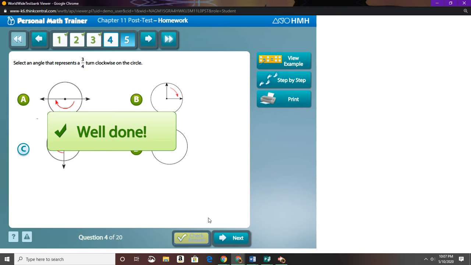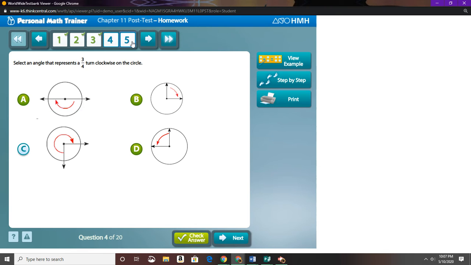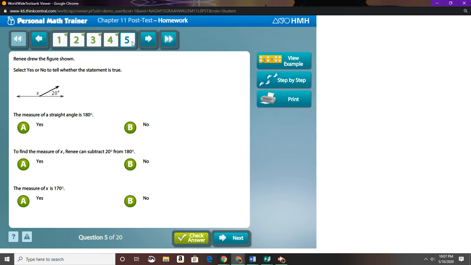Okay. Question number 5, 4 people got wrong. We're selecting yes or no to tell whether the statements are true. The measure of a straight angle is 180 degrees. Well, that's definitely true, so that's a yes. To find the measure of angle X, Renee can subtract 20 from 180.